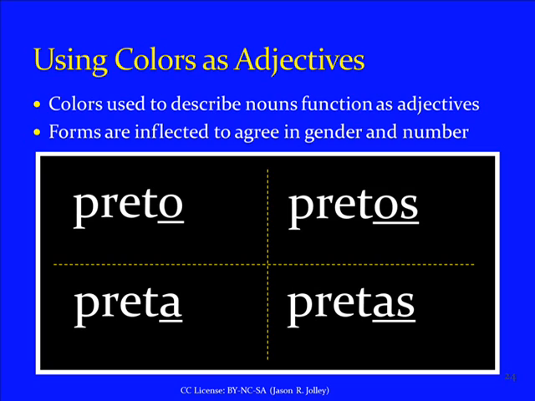That means, secondly, that their forms may need to be inflected to show agreement in gender and number. For example, if we want to describe different objects which are black, we may have to choose between 4 different inflected manifestations of that term: preto, masculine singular. Pretos, masculine plural. Preta, feminine singular. Or if we're describing something that's feminine plural, pretas.